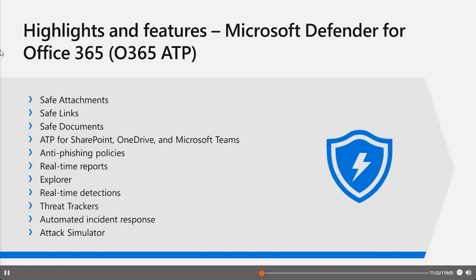Then we have safe documents. That's a specific feature of Microsoft Defender for Endpoint to scan documents and files that are opened in protected view. But really, what you should know beforehand: safe documents is generally available to users with Office version 2004 or greater, and this feature is off by default.